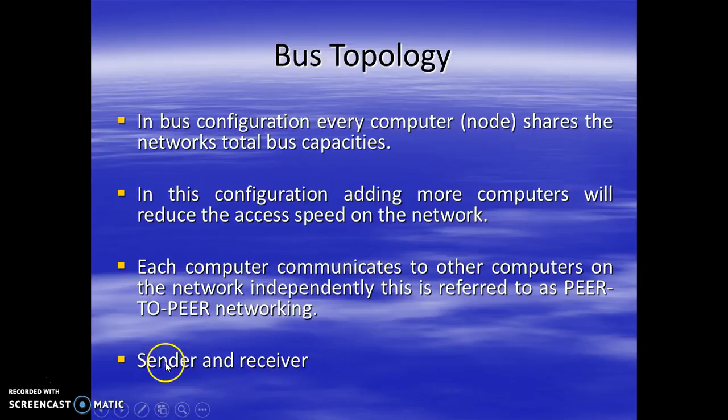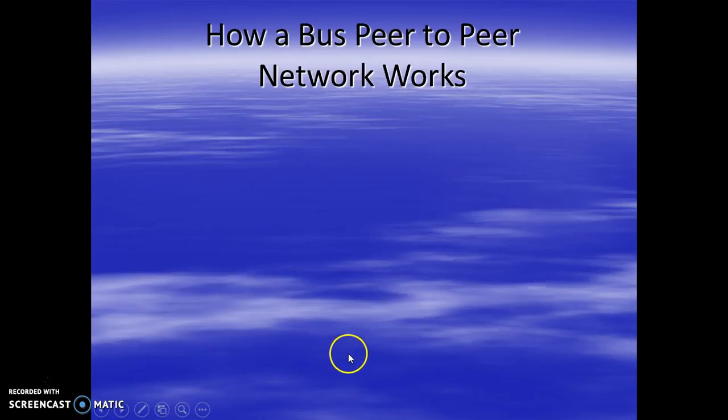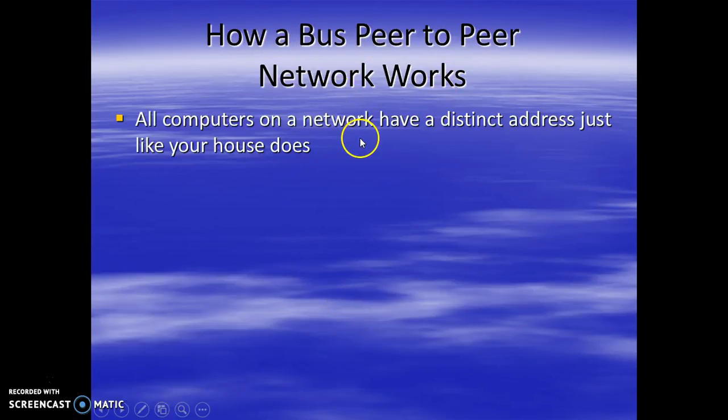The computer which is going to put data or a message on the bus is called the sender, and the computer which is going to receive data from the bus is called the receiver. Now next, let's discuss how a bus peer-to-peer network works.